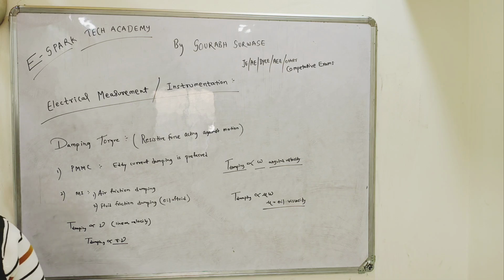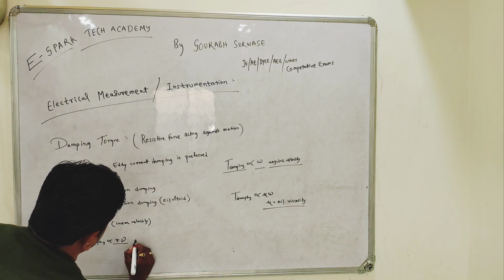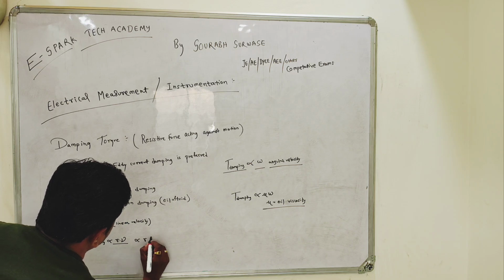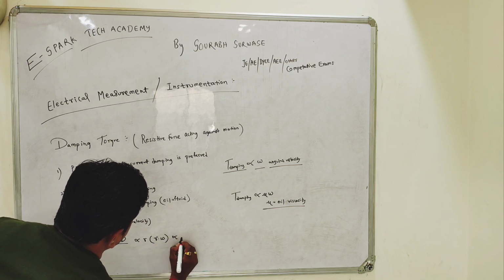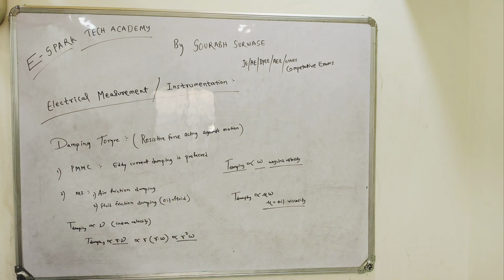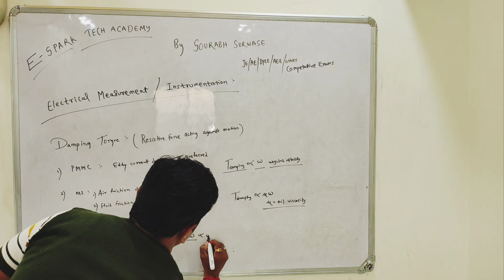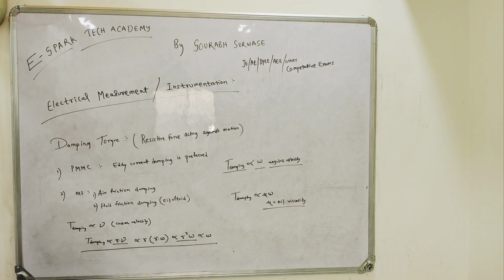R will come into picture, and velocity will be proportional to R into omega. It is nothing but R square omega, but in that the R square will be constant. That's why we are taking damping torque is directly proportional to omega.